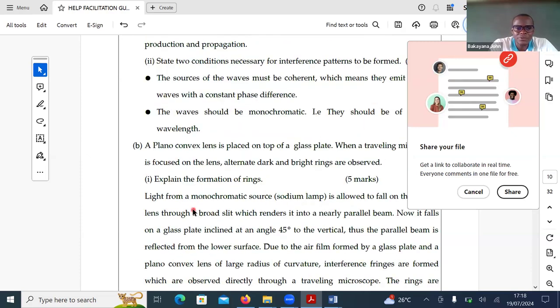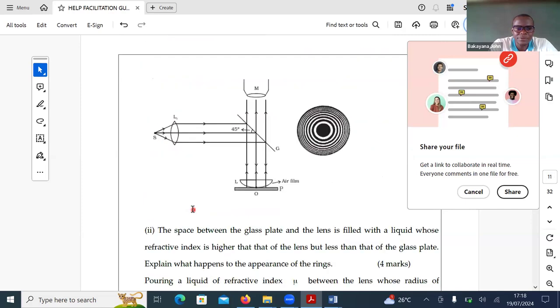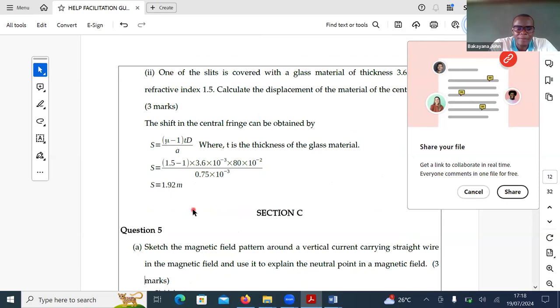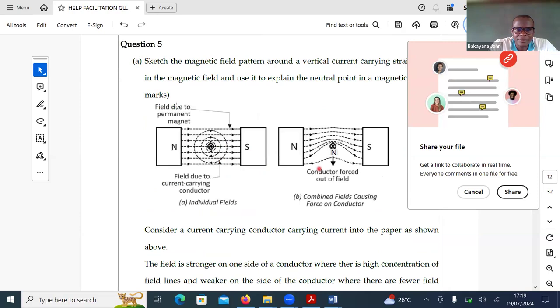Which one should I go through? Yes. Okay, fine. Let us just be a little bit faster, because this is another section that is very important. Let us just go a little bit faster.